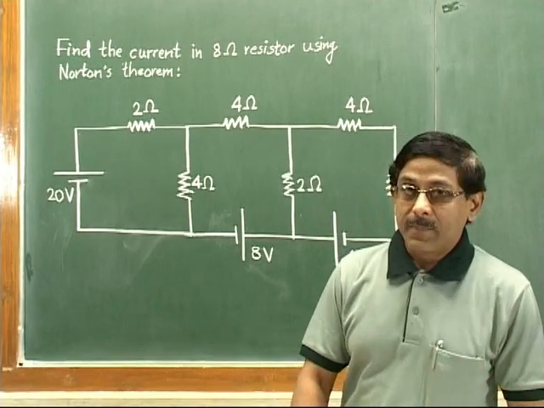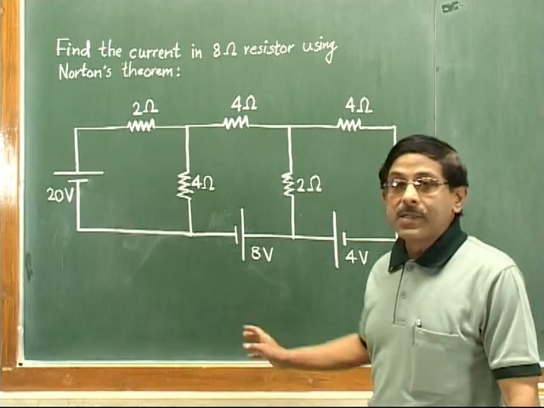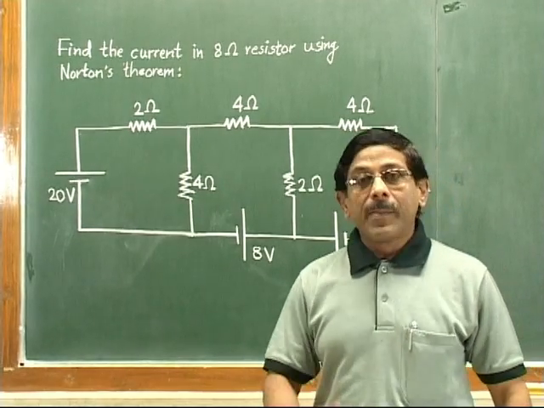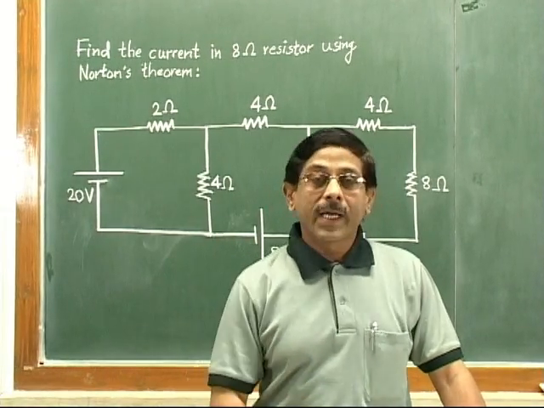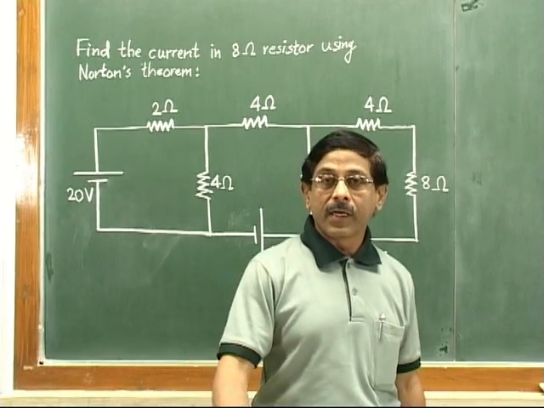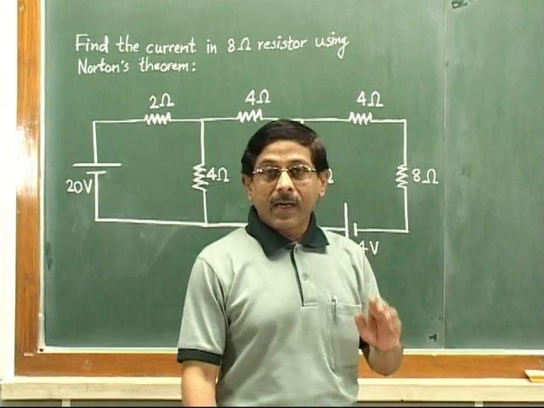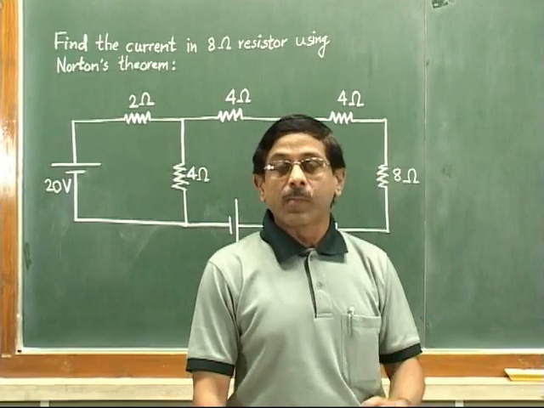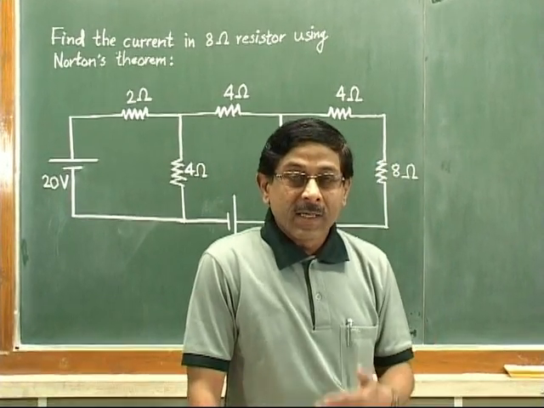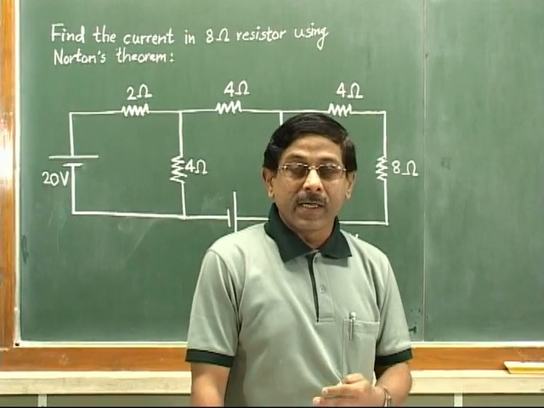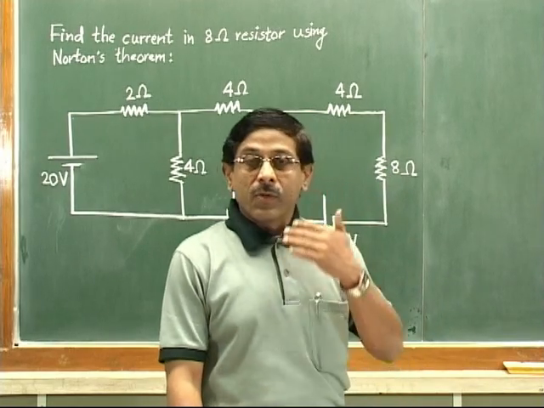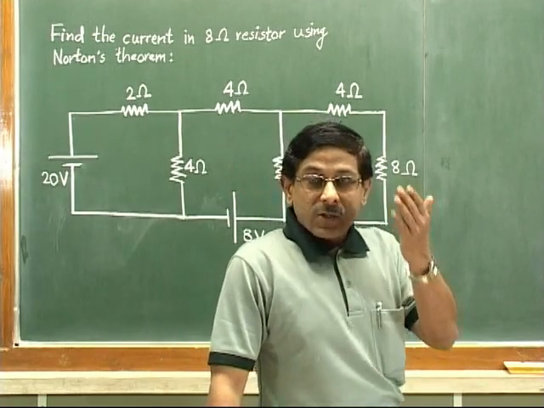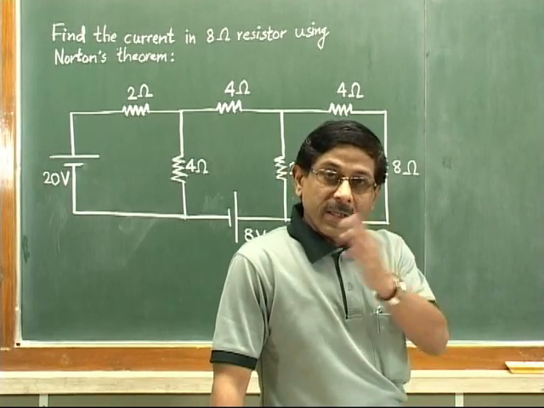The reason is that Norton's theorem is complementary to Thevenin's theorem, and also we can say that Thevenin's theorem is complementary to Norton's theorem. There are certain similarities in the operating procedure of both these theorems. That's why it is necessary to understand the steps that we used in solving the problem with Thevenin's theorem.